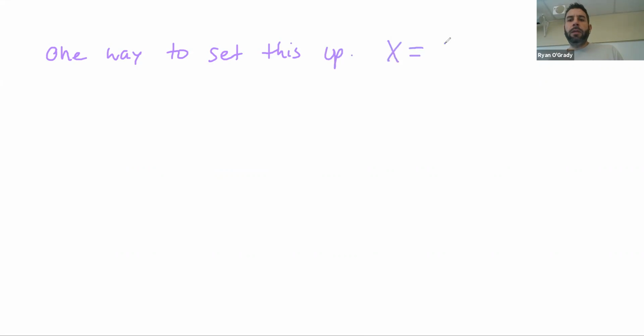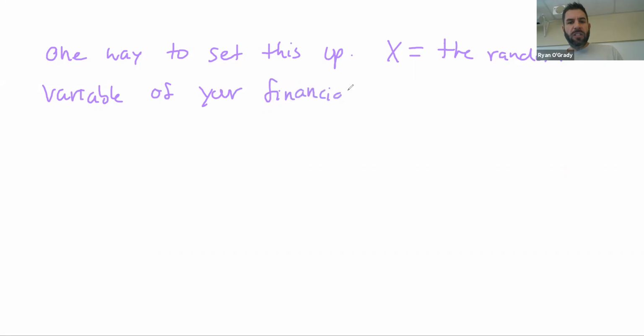So let X be the random variable of your financial gain if you buy one ticket.